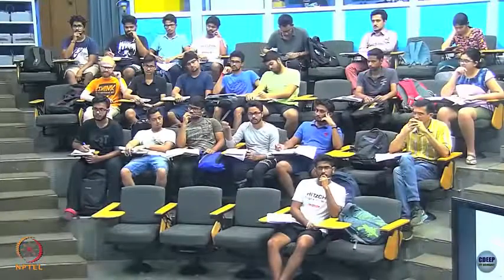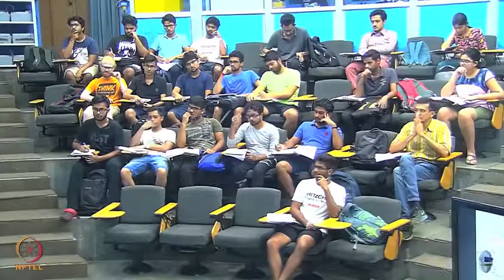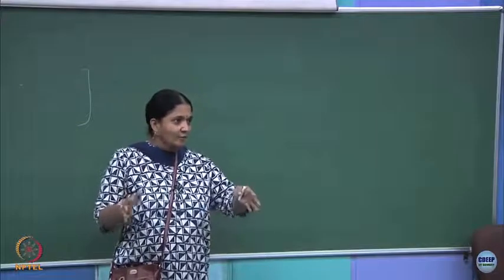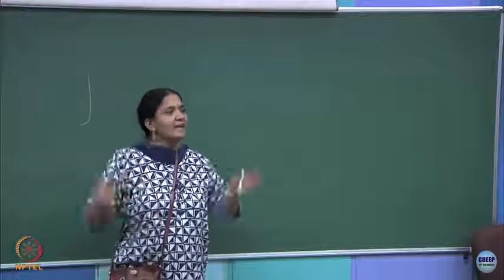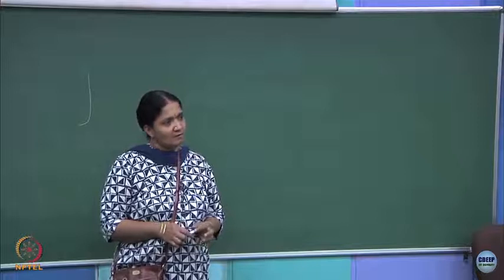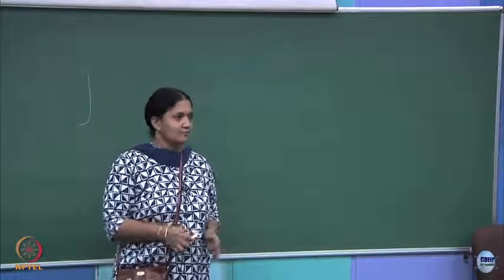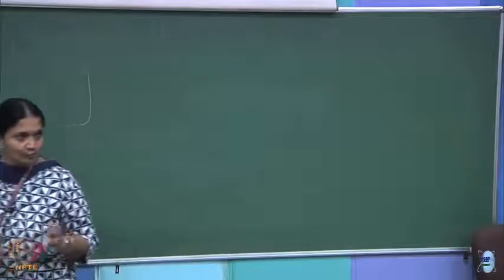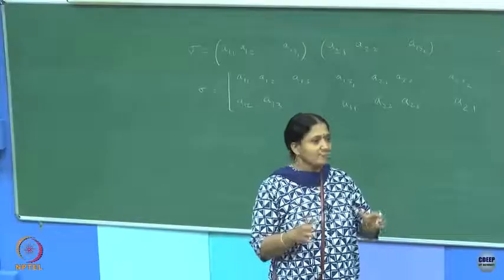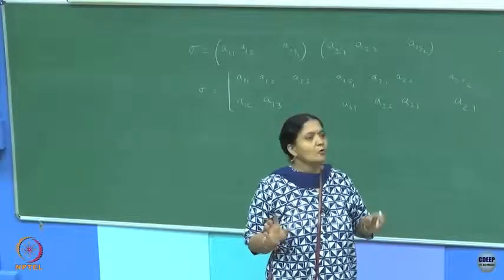It is an operator you can take. I have n objects and I do pi inverse on those n objects, and then I do a sigma on the modified n objects. That modified n is a permutation of those n objects, and again a pi on it. You can check it out also. You can do whichever way you want, and I am just trying to say that if you start with a sigma with some specific cycle structure, a conjugation will not alter the cycle structure.